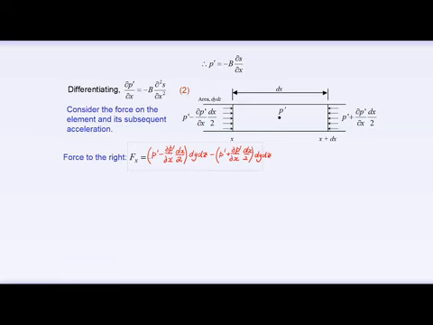Again here we can wipe out the P primes, and we can show that that becomes just minus dP prime/dx times dx dy dz, because we've got a minus dP prime/dx over 2 here, and another dP prime/dx over 2.